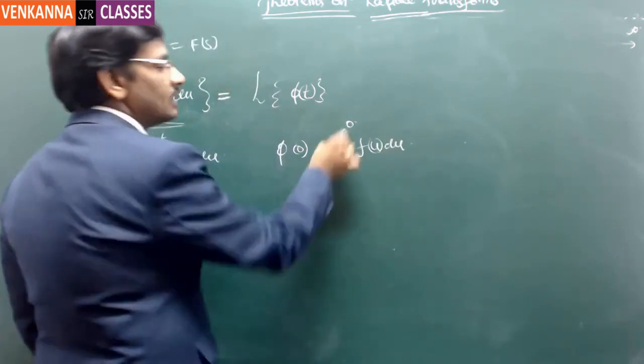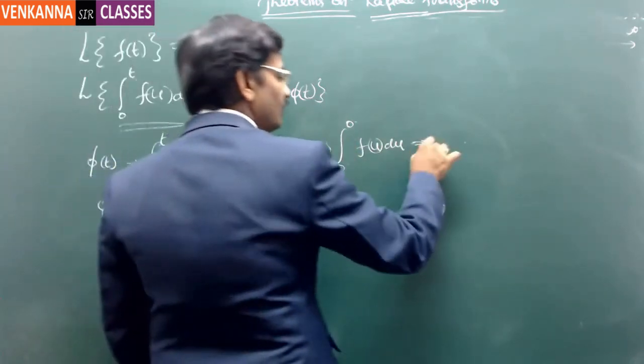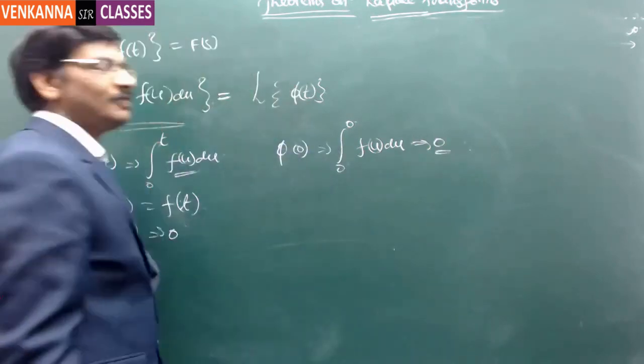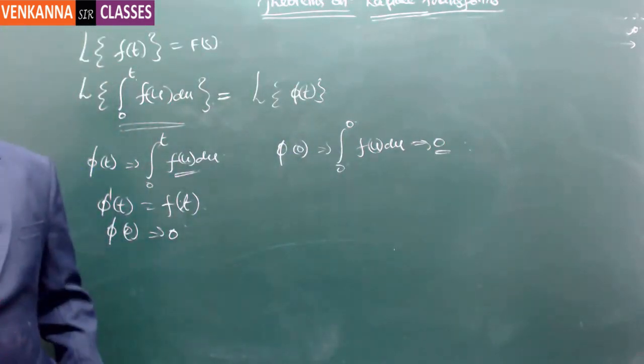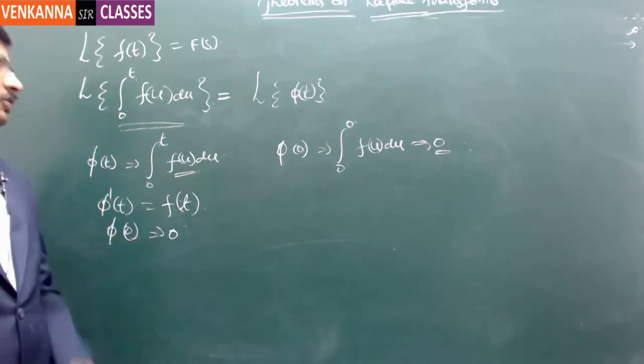Now as long as the limits are same, the integral value will always come out to be 0, whatever may be the function inside the integral. So that's why phi of 0 is equal to 0.